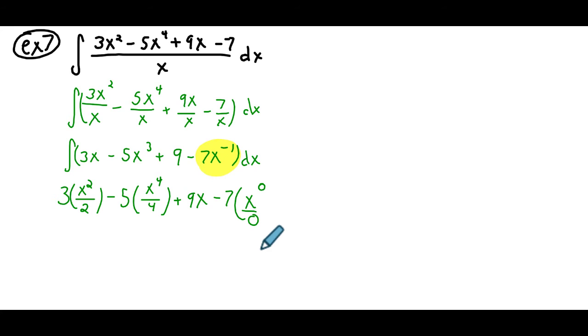So I have to think back to my derivatives. I need to think about what function, when I differentiated it, gave a derivative equal to 1 over x. Well, if you remember, that was our natural log of x. The natural log of x's derivative was 1 over x.